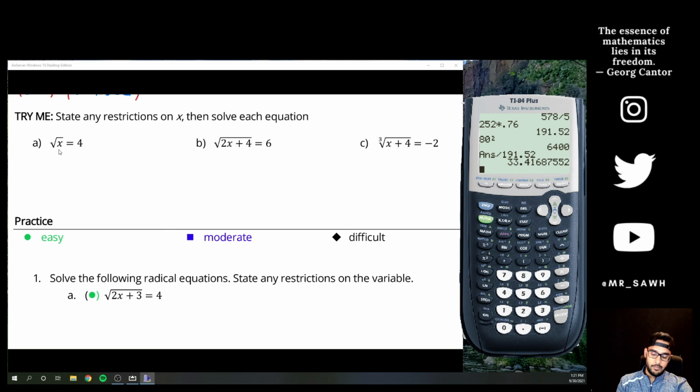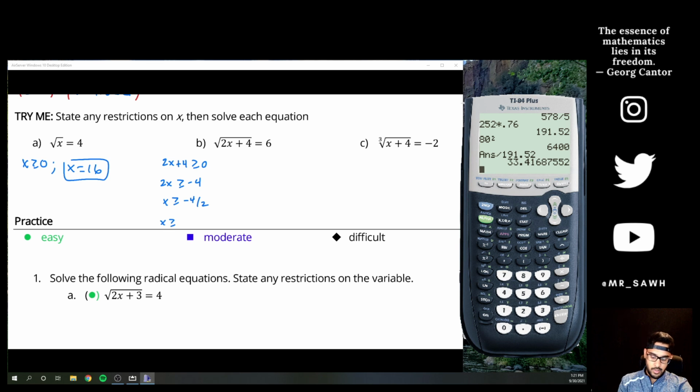So for the first one, your restriction is x is greater than or equal to 0. If you solve it by squaring both sides, x has to be 16. Okay, which fits in the restriction, that's good. For B, my restriction again comes from the radicand has to be positive or 0 because it's a square root. So I know that 2x plus 4 has to be greater than or equal to 0, so 2x has to be greater than or equal to negative 4, which must mean x is greater than or equal to negative 4 over 2.